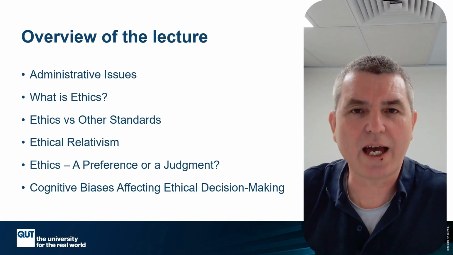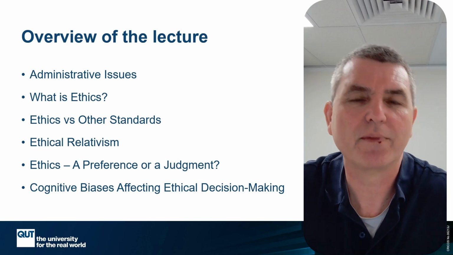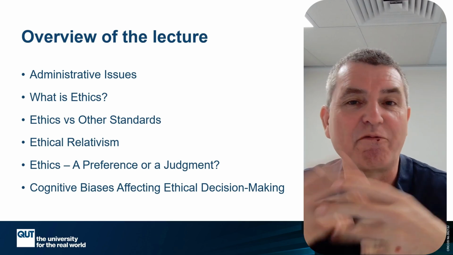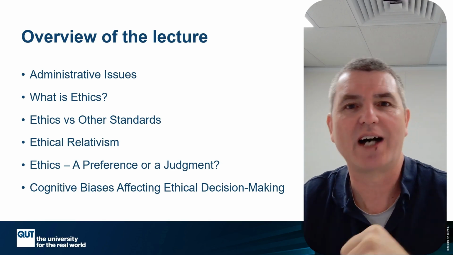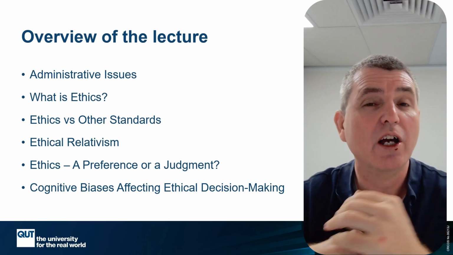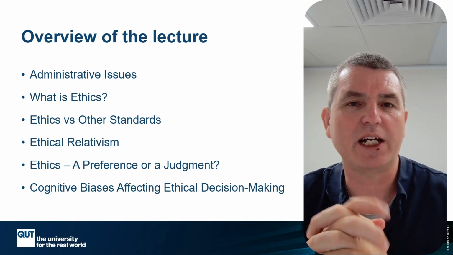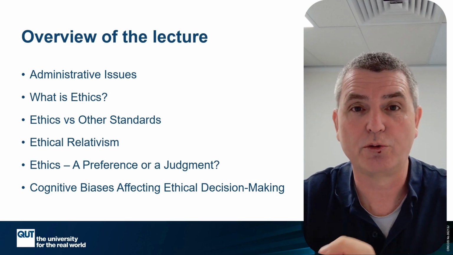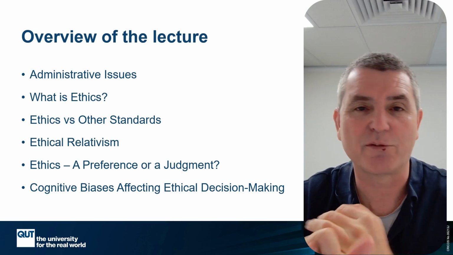Okay, so there you have it, the end of the content for this first module. You'll remember that what we covered was a definition of what ethics is, the relationship between the self, others, and what is right. Throughout this particular series of videos, we've been trying to differentiate ethics from other standards, particularly social norms, business best practice, professional codes, religion, right?